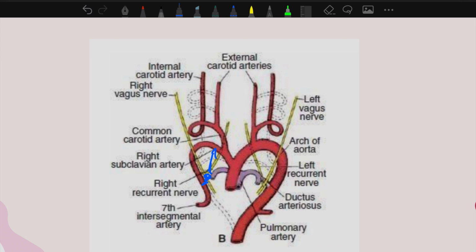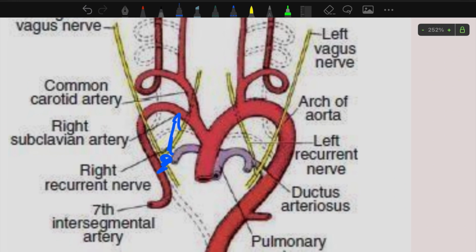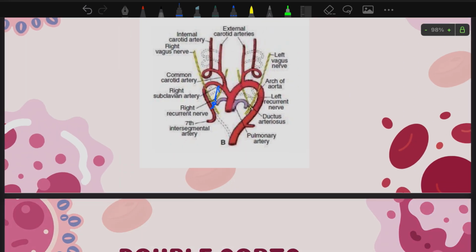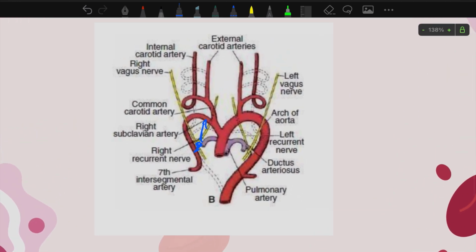But the left one will be lower, and that's because on the distal part of the sixth aortic arch on the left side, we have the ductus arteriosus. So when the left recurrent laryngeal nerve sees the ductus arteriosus, it will just remain on it, and that's all you have to know for the nerves.